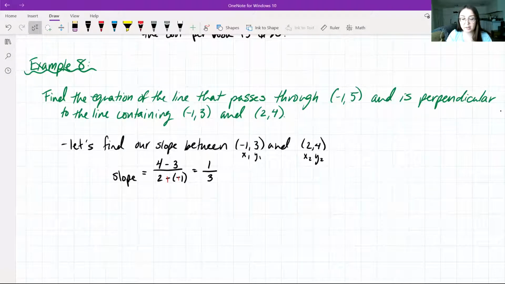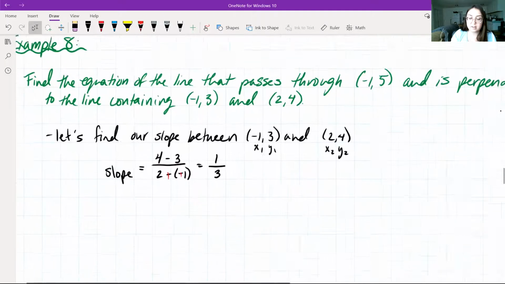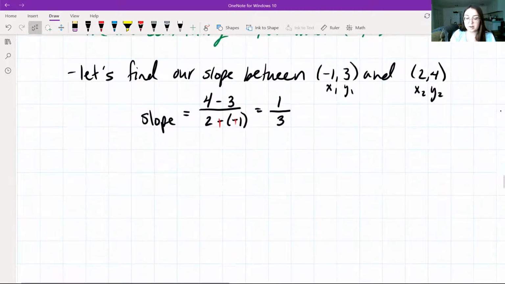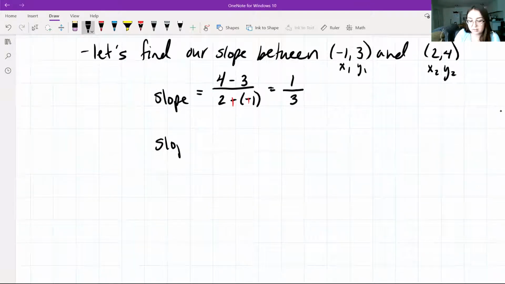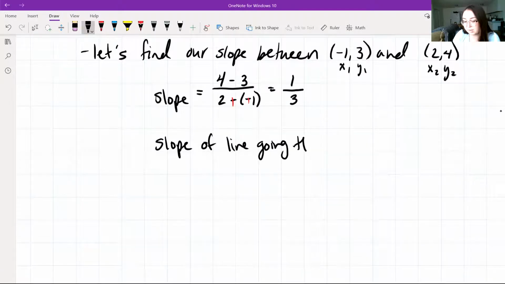This means that if our line is perpendicular, it's going to be the negative reciprocal, or it means that 1/3 times something else is going to be equal to -1. And remember, let's write this out first, our line is going through -1, 5.